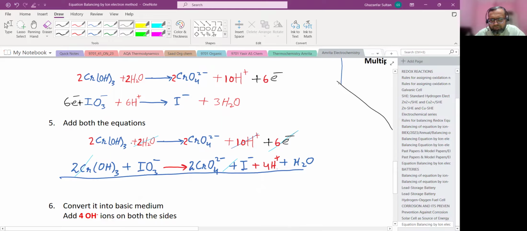I think I should have mentioned both the equations in one go. So let me do it. Both the equations should be rewritten.